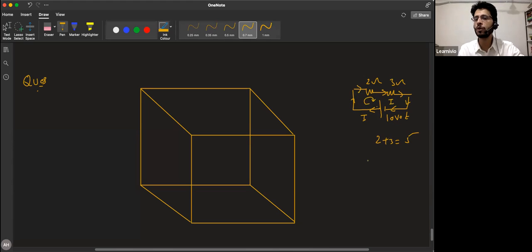Using KVL, the voltage drop across the 2 ohm is minus 2I, across the 3 ohm is minus 3I, and going from lower to higher, plus 10 is equal to 0. So minus 5I plus 10 equals 0, and I comes out to be 2. Then R equivalent is total voltage 10 divided by total current 2, which is 5. You got the same answer.